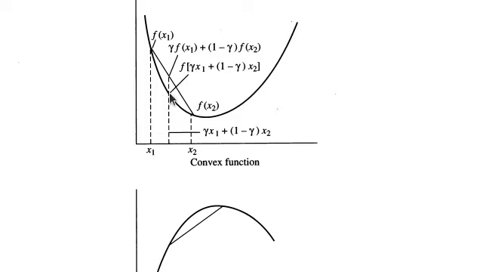So the function is falling below this point. So when this kind of condition is there, the function is said to be a convex function.